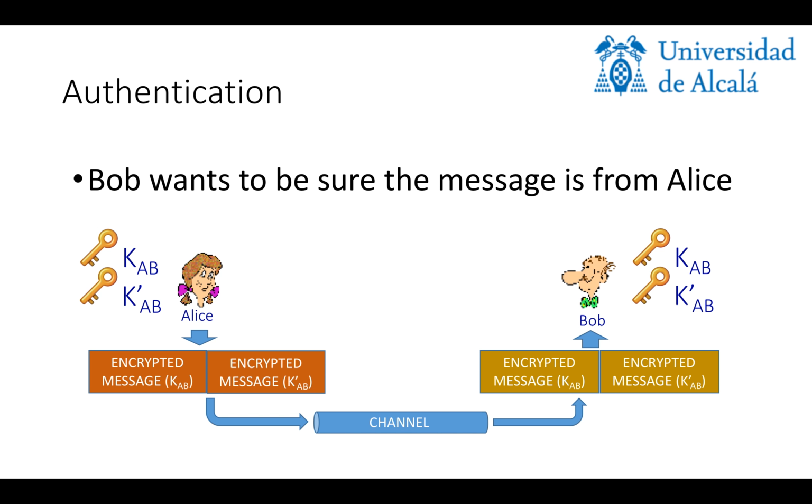Since only Alice and Bob have the two keys that are used to encrypt the messages, Bob can be sure that the message comes from Alice, because he is sure that the message hasn't been altered in transit, and only Alice and Bob have the keys, and since Bob hasn't generated the message, it for sure has been generated by Alice. So we have authentication.